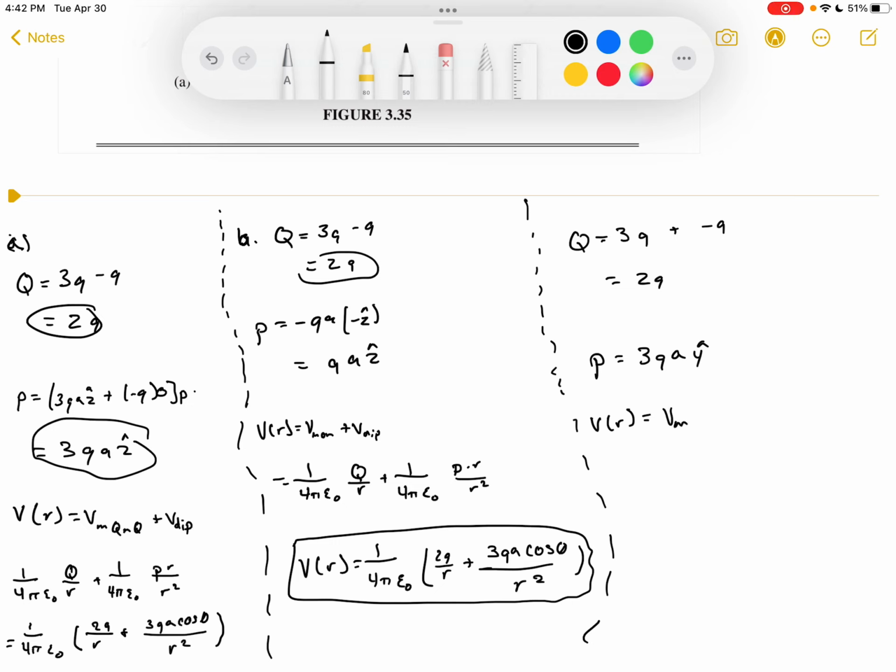Of course, the total potential is monopole plus our dipole.